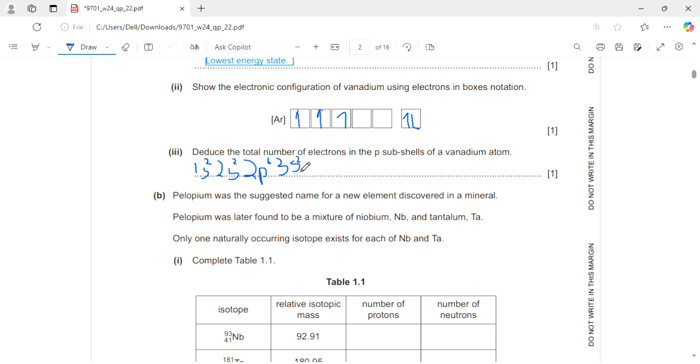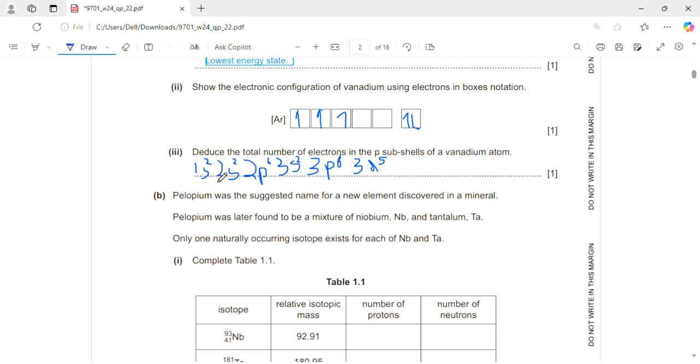How many electrons have we done? 6, 8, 10, 12, 18, 23. But this is not the case, I just drew it for you for the electronic configuration.